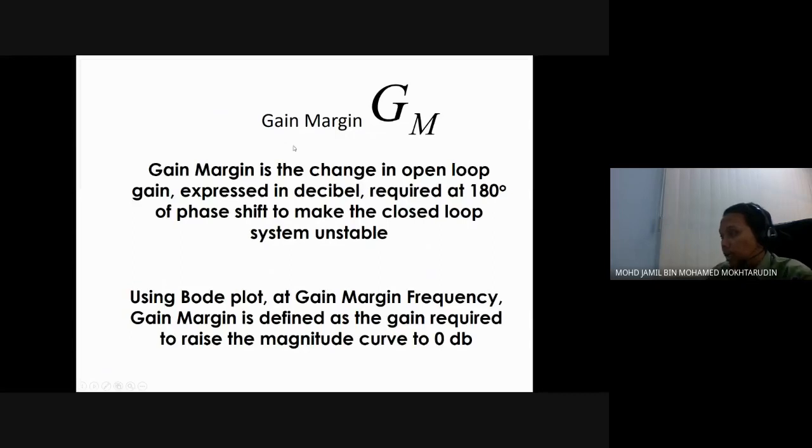Another thing is the gain margin. The gain margin is the change in open loop gain, expressed in decibel, required at 180 degree of phase shift to make the closed loop unstable. Basically using the Bode plot, at the gain margin frequency, it is defined as the gain required to raise the magnitude to 0 decibel.